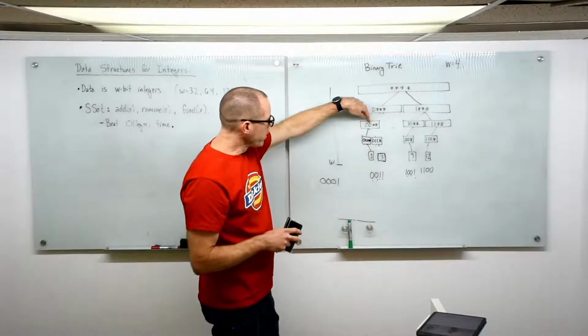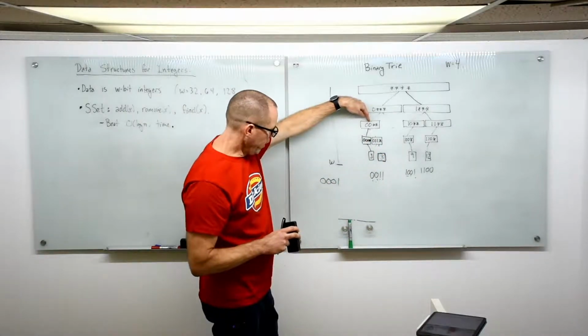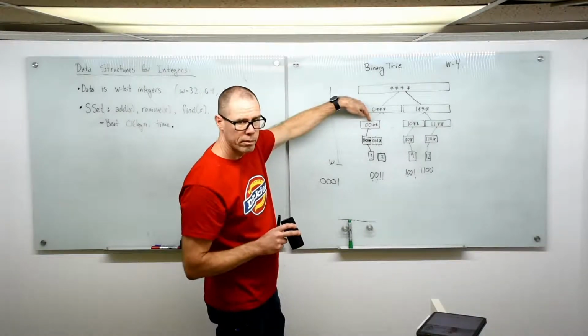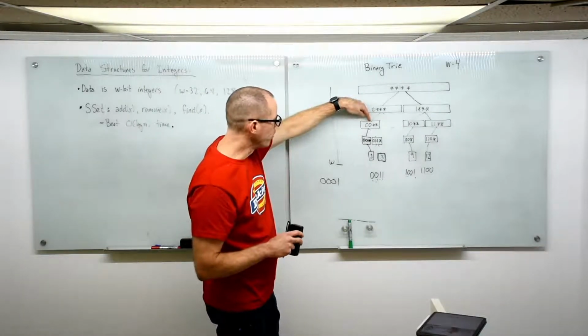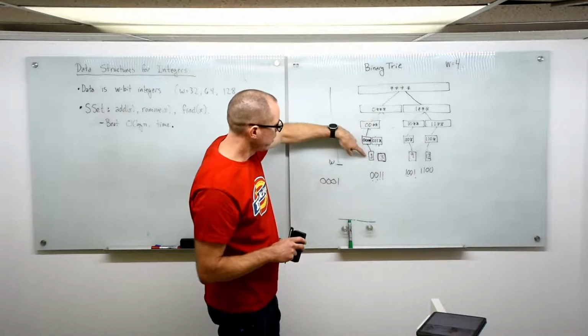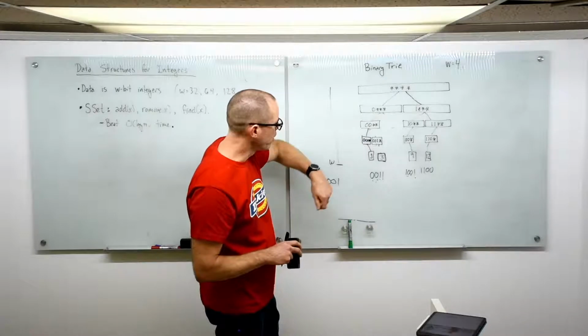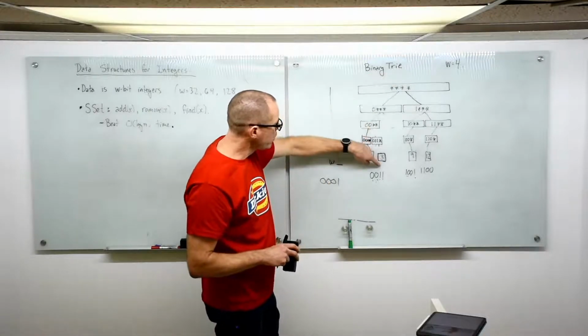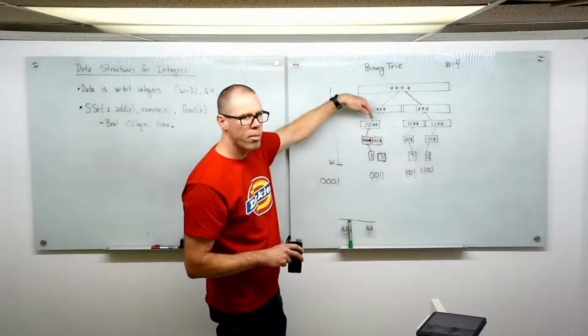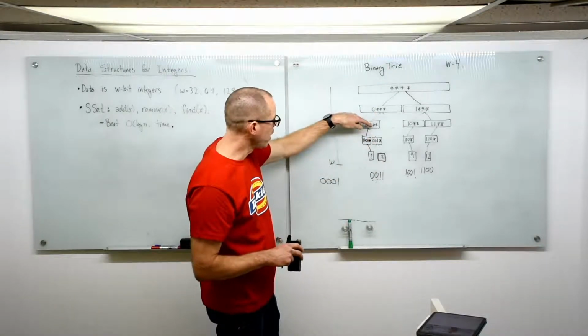And then I come here and I say, does this node have any children now? In this case it still does have a child, this one, so I stop. So after removing 3, these 2 nodes are gone, and we get that. So that's just one pass down the tree to find the thing to remove, and then one pass part way back up until you get to the first place.